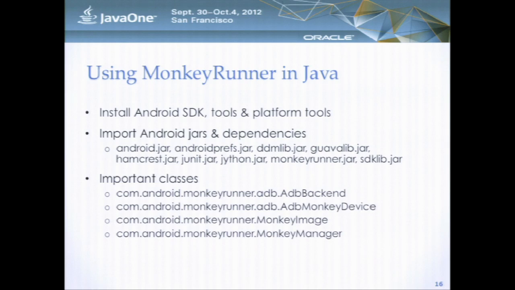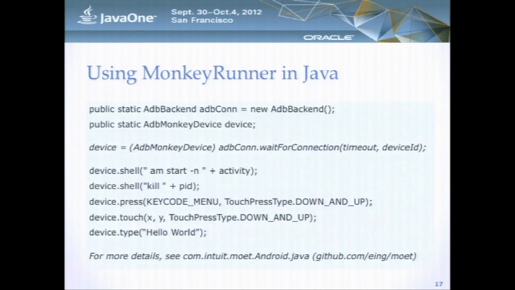And how do we actually use these classes? If you look at this set of code, there's a really important object you have to instantiate, which is the ADB backend connectivity. This will connect to the emulator or device. You need to make an instance of that, and you basically call wait for connection, giving your timeout and your device ID. I think the device ID is optional if you only have one device running on your system.